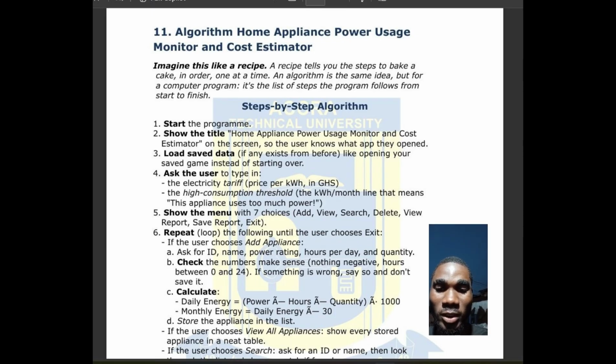Three, you need to load the saved data, like opening your save game instead of starting over. The fourth step is to ask the user, for example, the electricity tariff per price or the high consumption threshold.